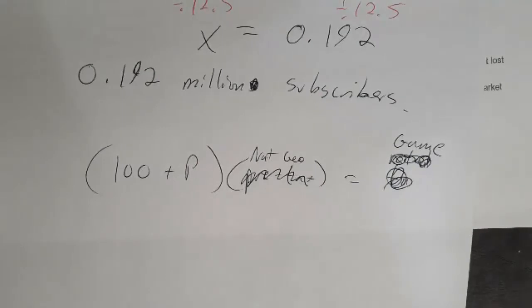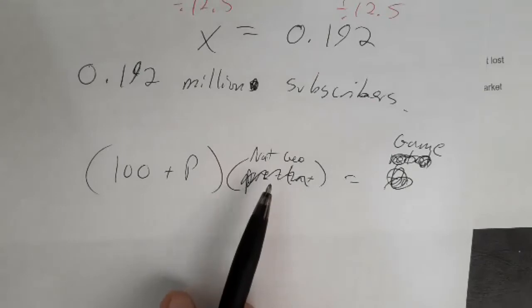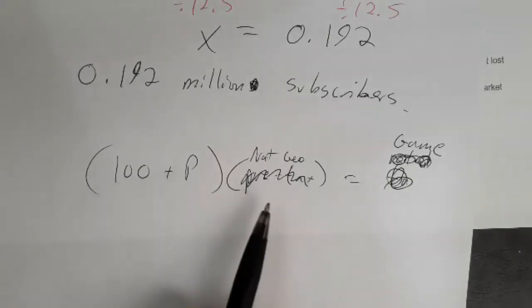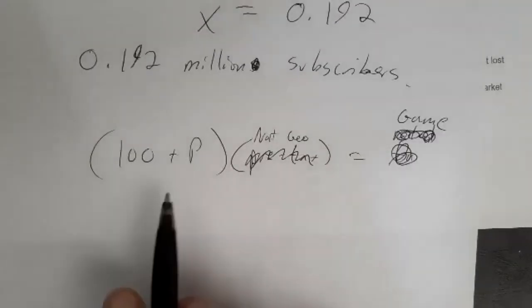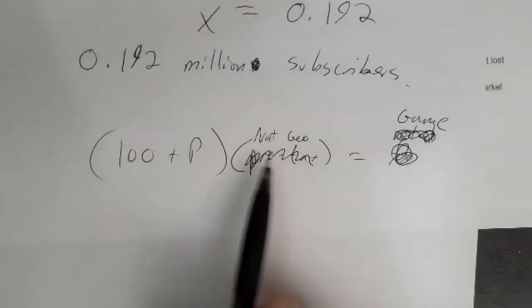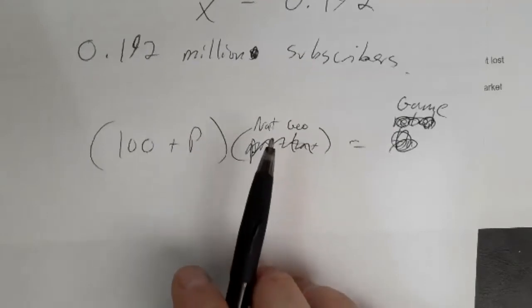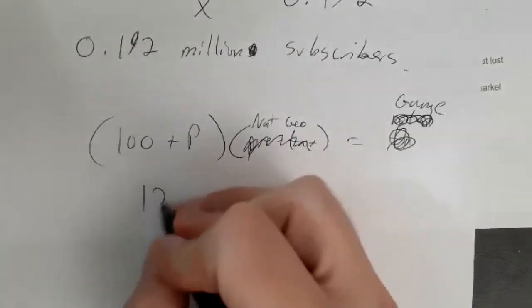So this is the one you have to do some back solving to figure out. If they gave us the number for National Geographic and told us it's so much percentage more, that would be the thing that's a little more straightforward. So we're taking 1,000% of the National Geographic, which is the thing we don't have.